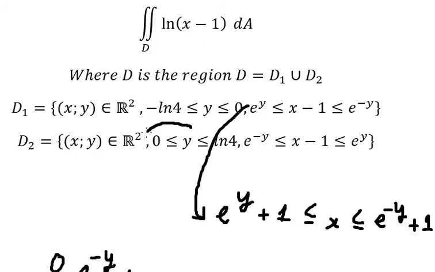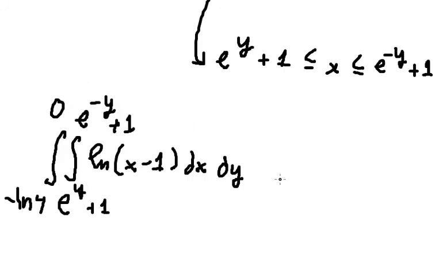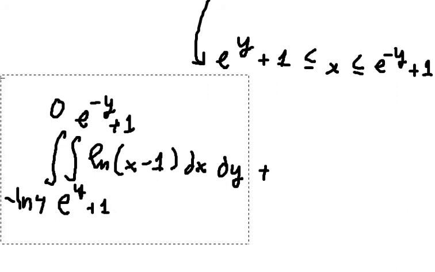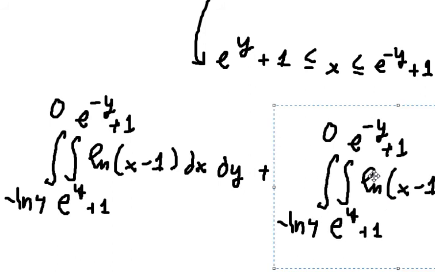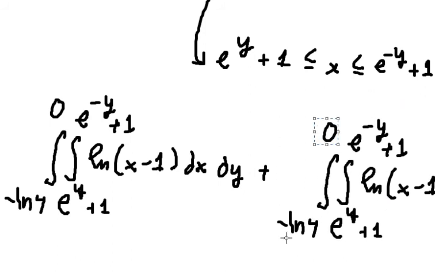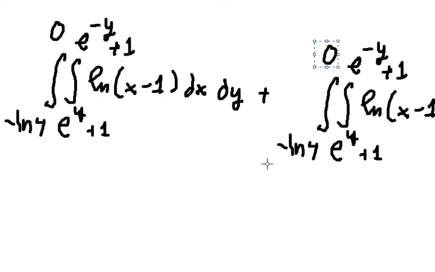Now you can do similar for the second one, but I just change the bounds in here. So this one should be from 0 to ln number 4.